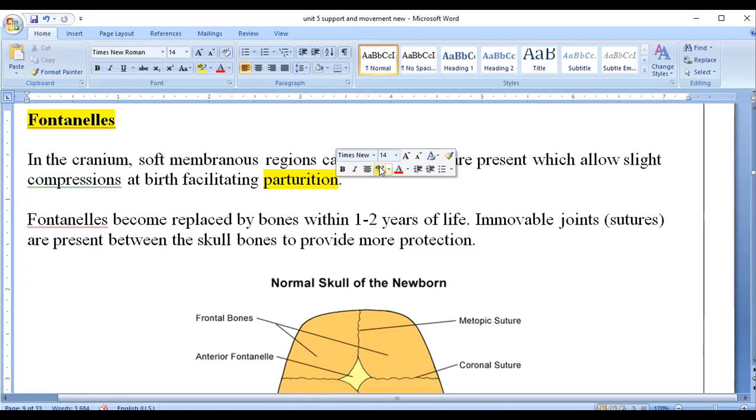In that time, if the cranium can compress a little and become small, the parturition will be easy. If it is a harder material, on one side, the mother will be getting lots of trouble.